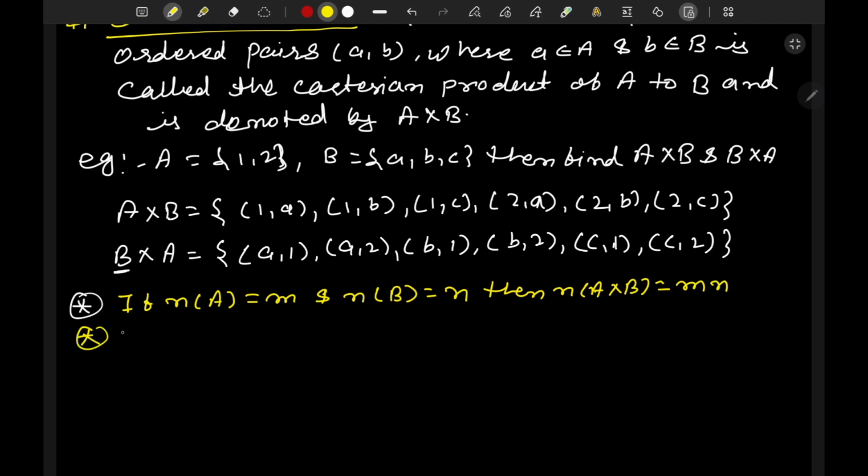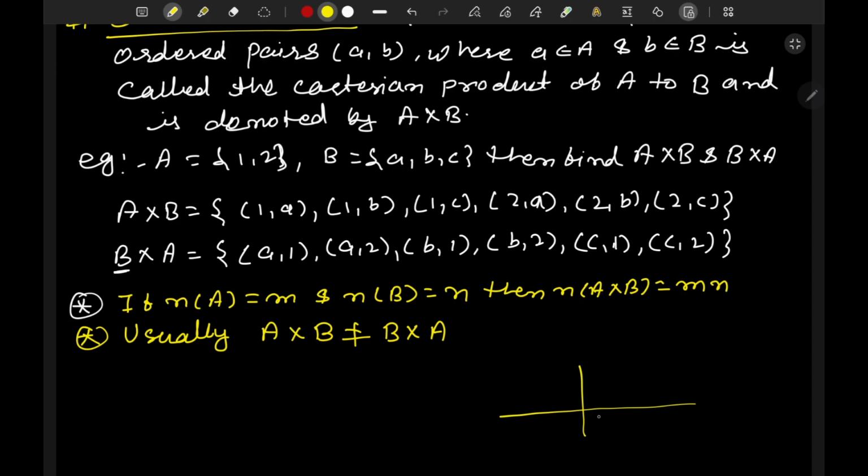Usually A cross B is not equal to B cross A. Think of the Cartesian product like points on a graph: (1, 2) and (2, 1) are different points, since the first element is on the x-axis and the second on the y-axis.